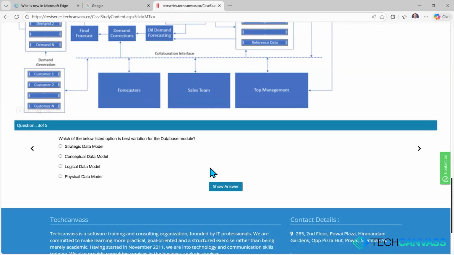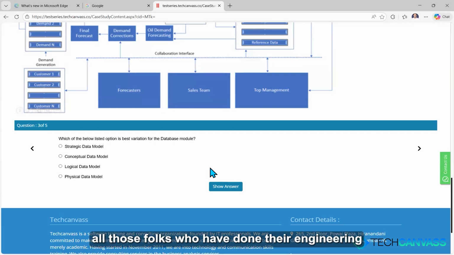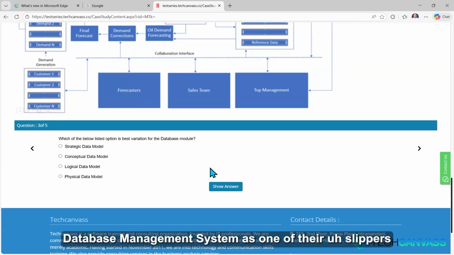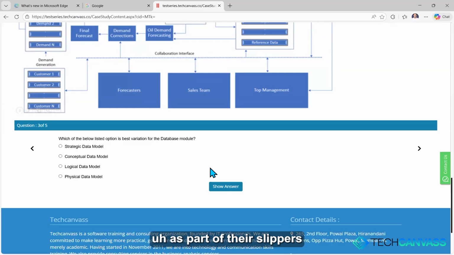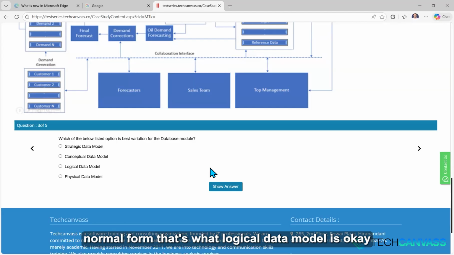Boyce-Codd normal form. All those folks who have done engineering or computer application courses and have read DBMS, database management systems, as part of their syllabus, if you remember Boyce-Codd normal form, that's what logical data model is.